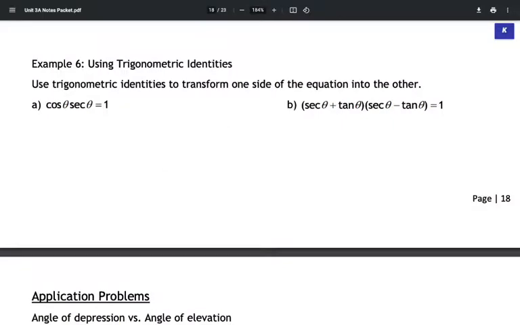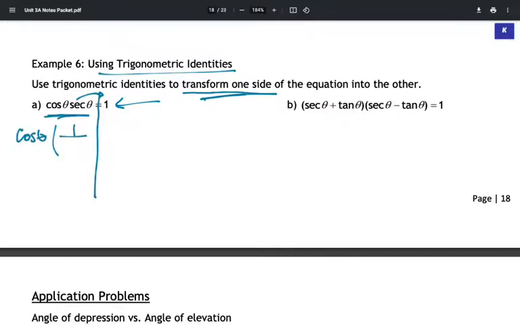Okay, now that we've walked through those identities, we're going to use them on example 6. So when you use trig identities, we're going to transform just one side, which means one side will stay the same. We won't touch it. We're going to make this side look like that side. And so I'm going to rewrite the secant theta as 1 over cosine theta because it's the same thing.